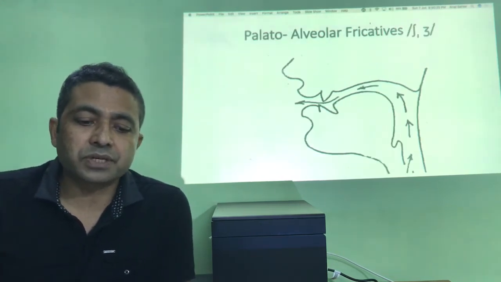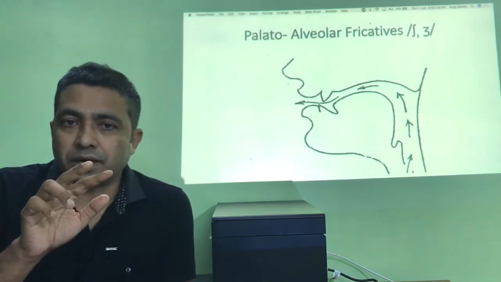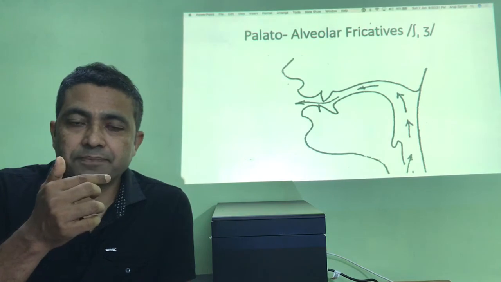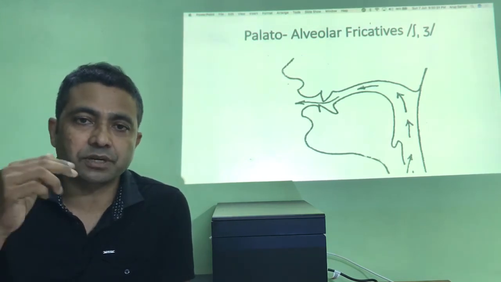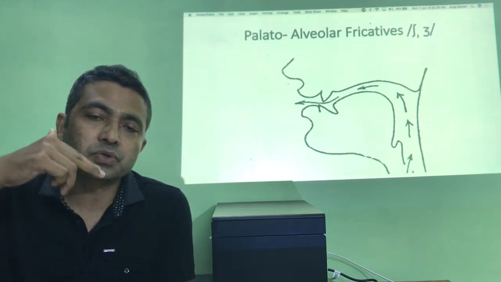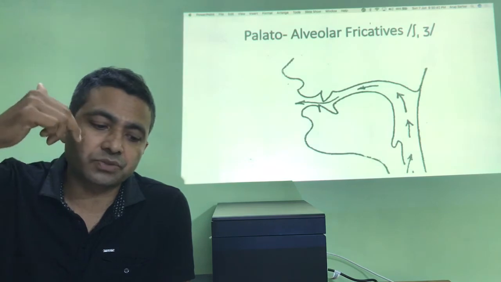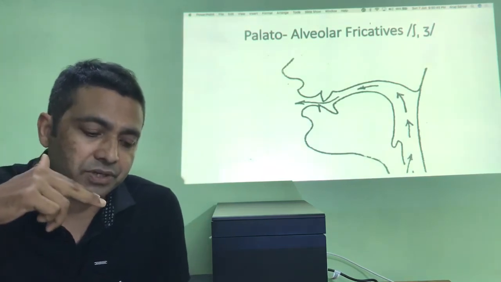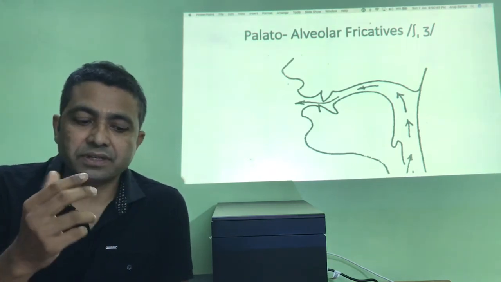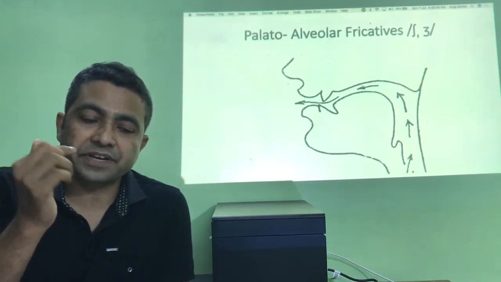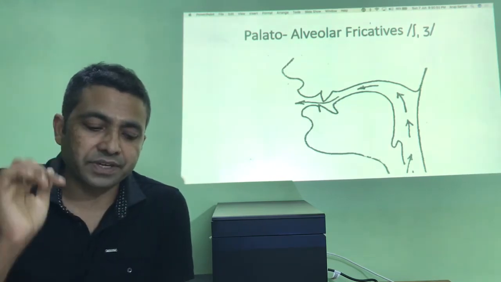But when we pronounce sha and ja, most of the tongue, from the tip to the entire front and middle of the tongue, goes towards the hard palate, from the teeth ridge across the hard palate. But the passage is left. That's why it is fricative. Air comes out with a friction sound because the passage is very narrow.